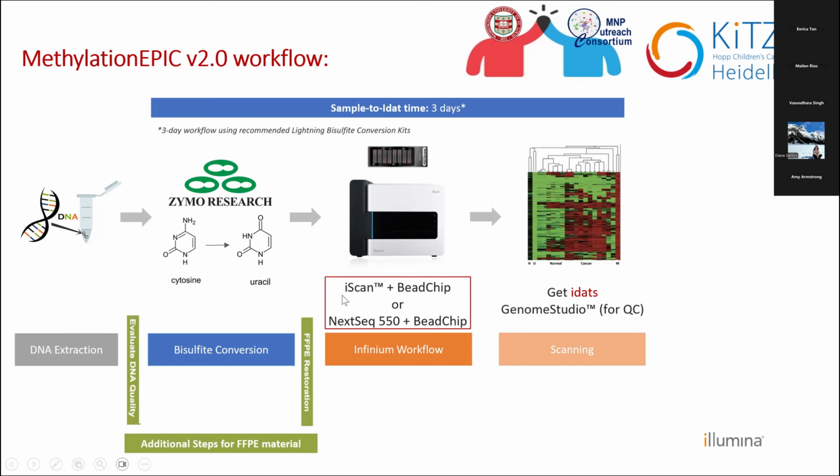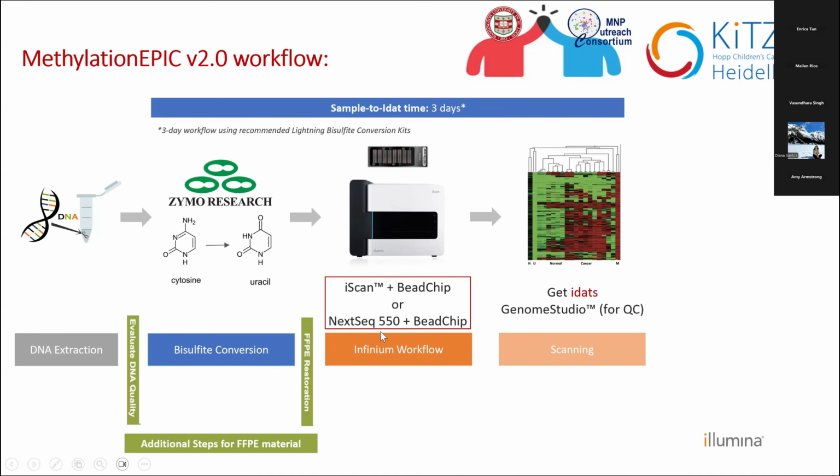So it's either the iScan machine, which is the standard machine that you are familiar with, but also the NextSeq 550, which is primarily a sequencer, is additionally conducting scanning.